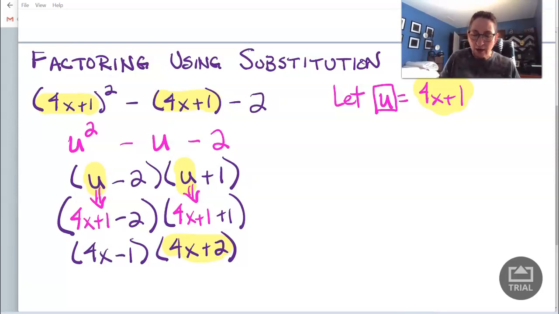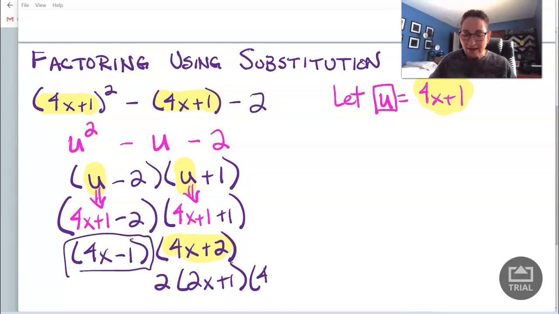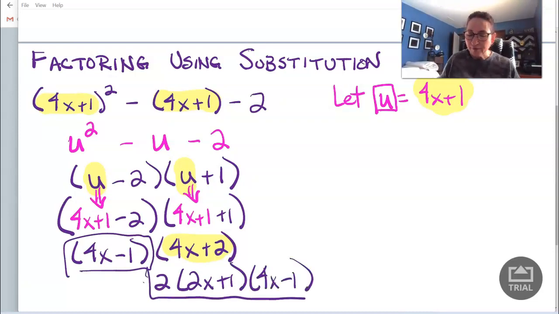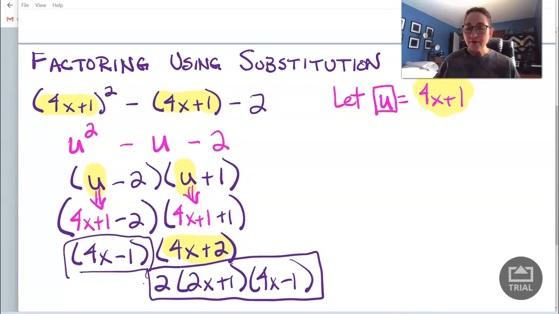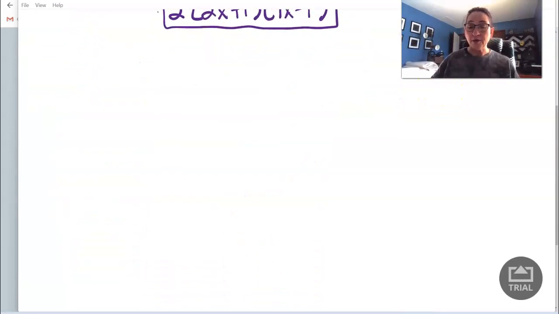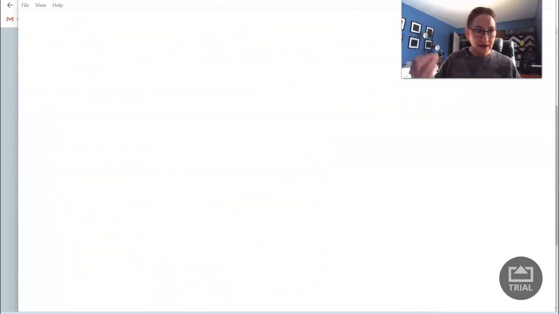So I'm going to take out the 2, so then I'm left with 2x plus 1. And then right after it, I'm just going to put this 4x minus 1. That is your final answer. Now that is factored fully. Not so bad.